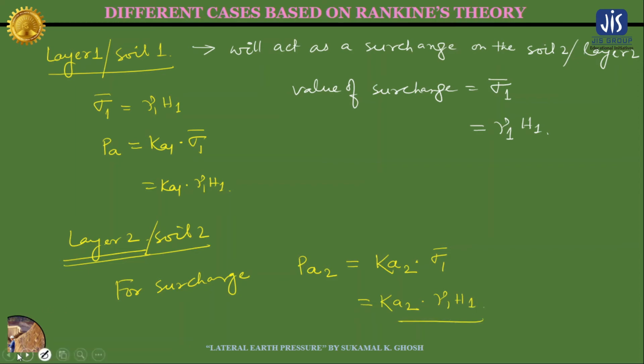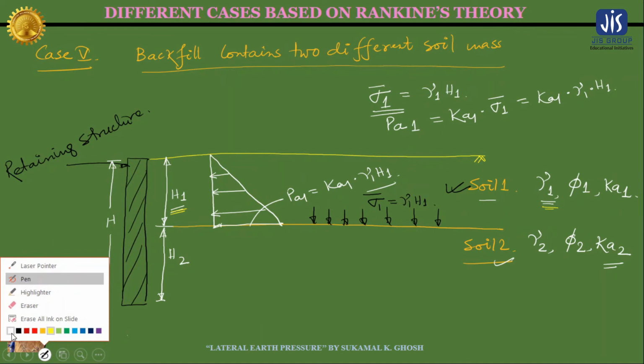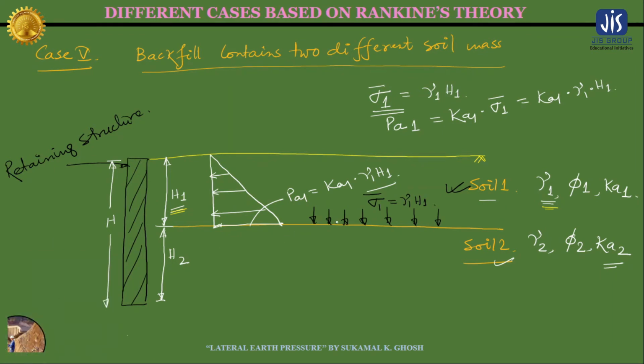It means here due to the surcharge, which is uniform, a pressure will act, and this is the pressure distribution diagram for the surcharge, which equals Pa2, which is nothing but equal to Ka2 into gamma 1 into H1, right?